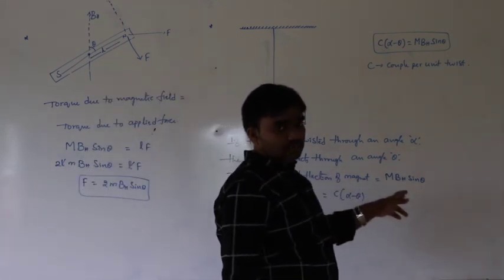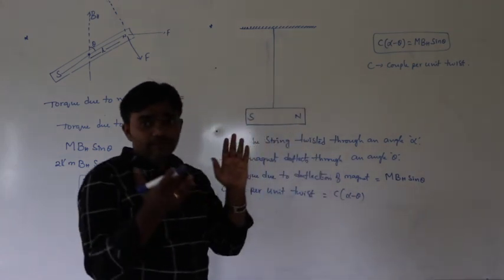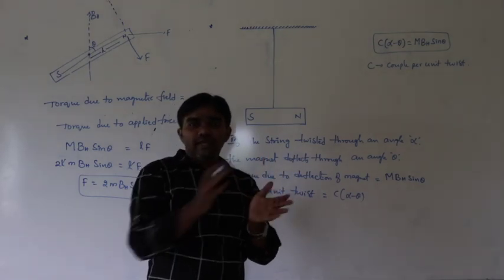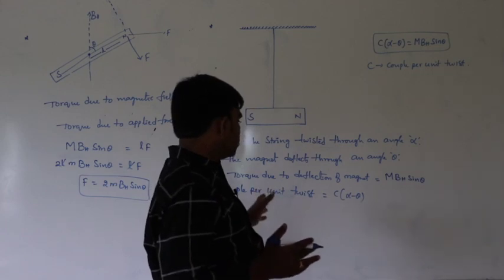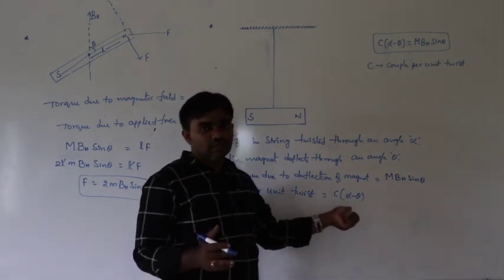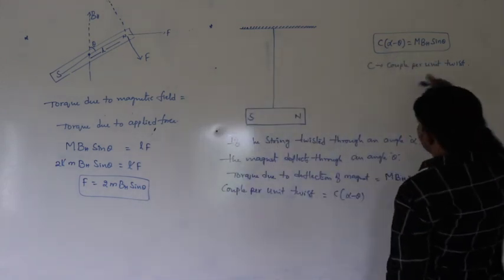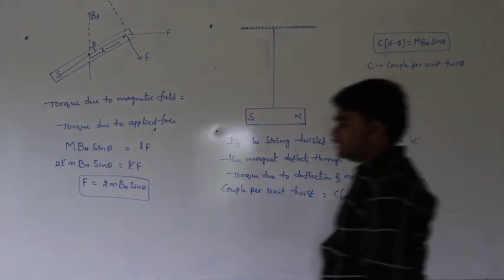Due to that, again the wire must restore its original position. During this situation, the couple per unit twist can be written as C into alpha minus theta. The couple per unit twist must be equal to the torque due to deflection of the magnet. That is the concept here. Next.